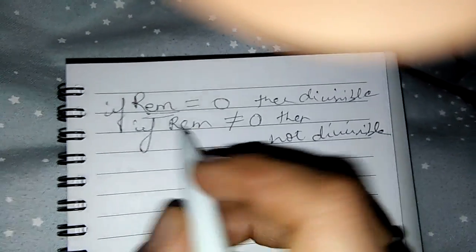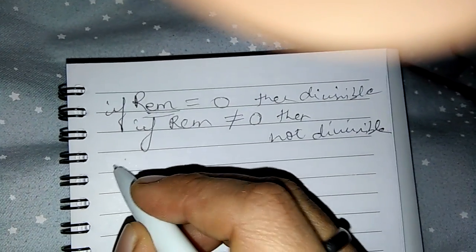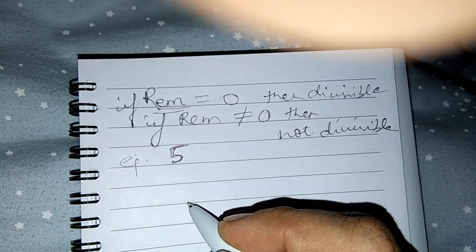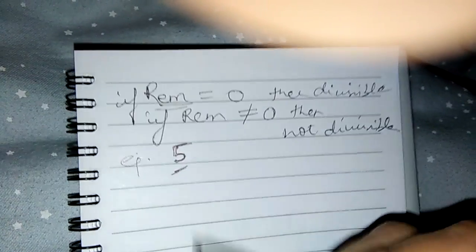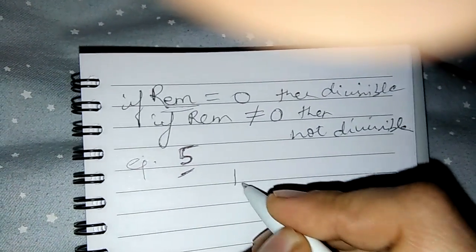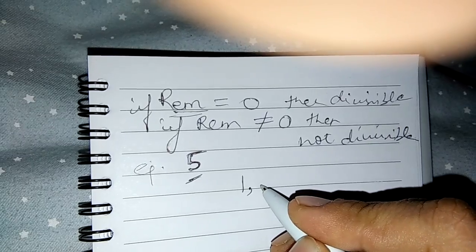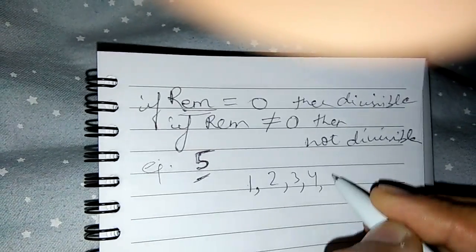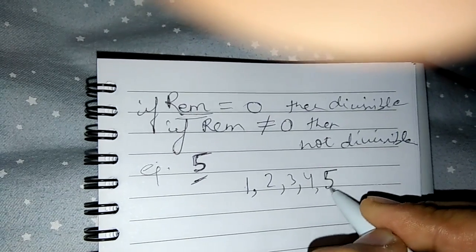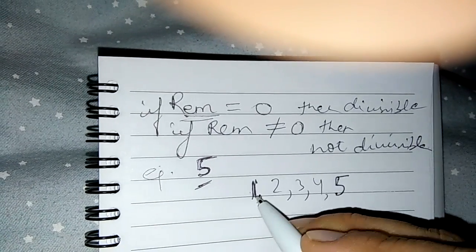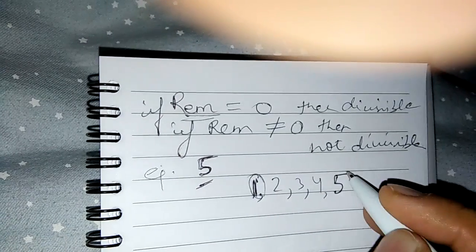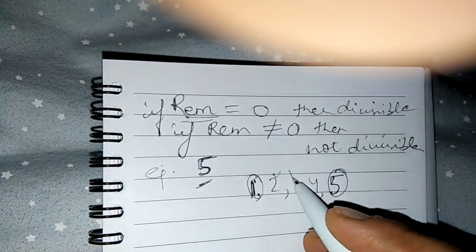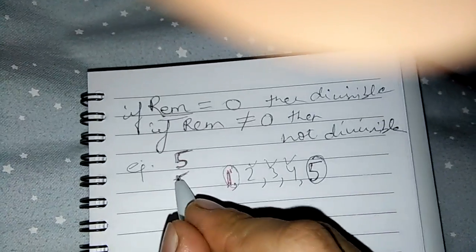Now suppose I take a number as 5. How will I check that this is a prime number or not? I will have to divide 5 by 1, 2, 3, 4 and 5. And if it is divisible by 1 and the number itself, and it is not divisible by any of the other numbers, then it is a prime number.